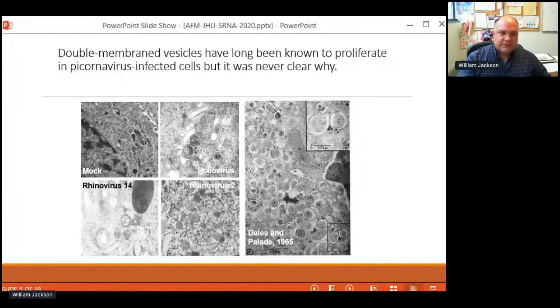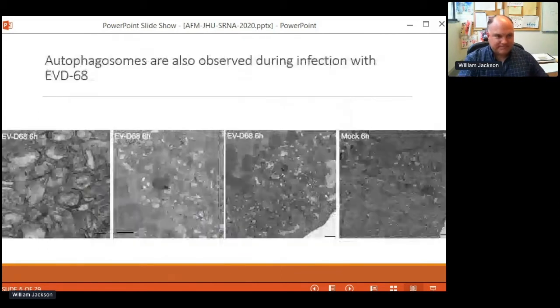When we see these structures, it looks like there's almost cytosol inside these double membranes. So you see 2 lipid bilayers with a little space between them, and then almost what looks like cytosol. The other feature is we see virus inside and near these structures, and no one really understood why. And Palade actually hypothesized that this was part of the innate immune response, that this was getting rid of viruses.